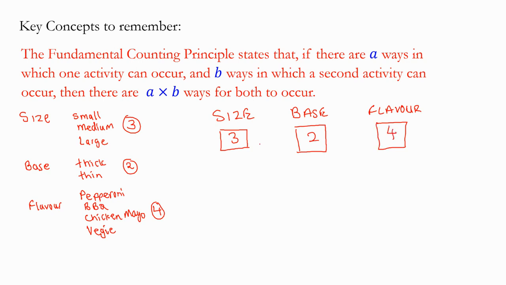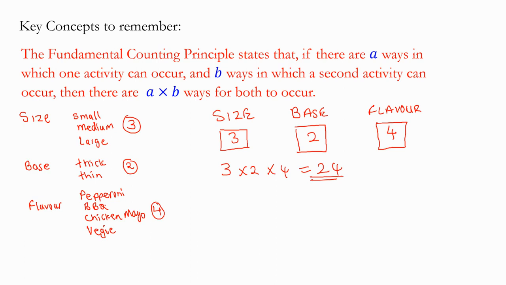So we have 3 times 2 times 4 ways for all 3 to occur. 3 times 2 is 6, 6 times 4 is 24. So if you are going to this Pizza Hut to choose pizza, you have 24 choices. If you're choosing 1, it means it's 1 out of 24.